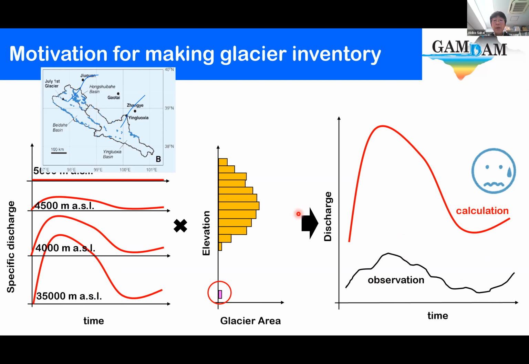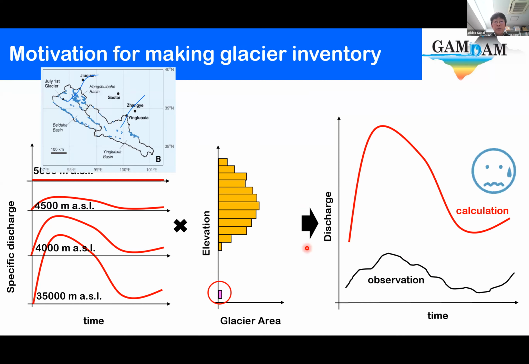At the time, we had no glacier inventory, so we made a glacier inventory ourselves using satellite imagery. Then the altitudinal glacier area distribution was obtained by extracting a digital elevation model.